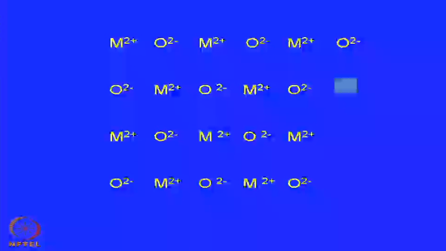So, we have created an anion lattice site. As soon as the anion lattice site is created, a cation lattice site also has to be considered, because this is a 1:1 ratio. So, one you add this oxygen, as if this lattice site is also there.